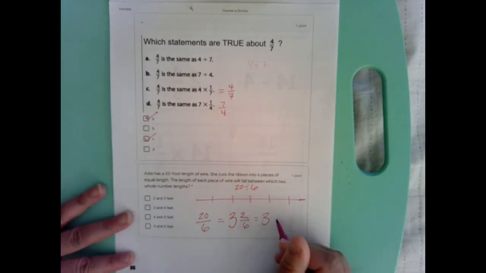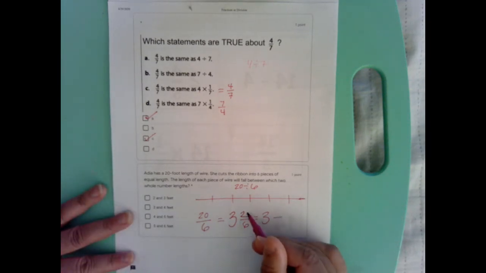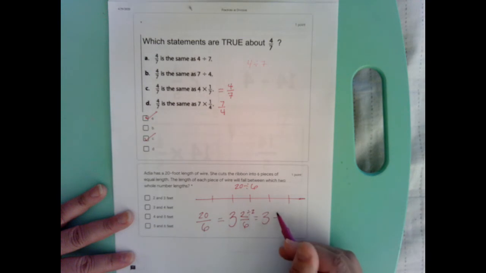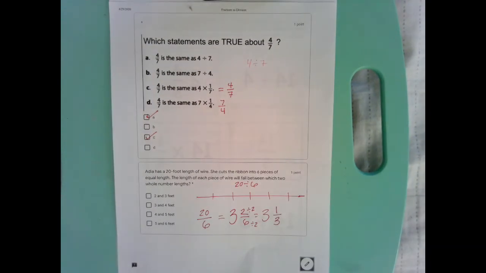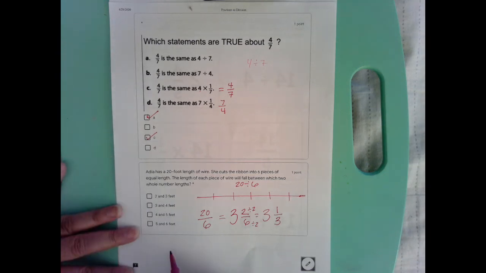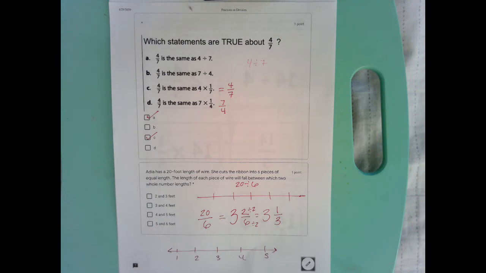So 2 divided by 2 is 1. 6 divided by 2 is 3. So it's 3 1/3. So between what two whole numbers is 3 1/3? Well, take a number line. We know that 3 1/3 is obviously bigger than 3 because we have 3 as a whole number.